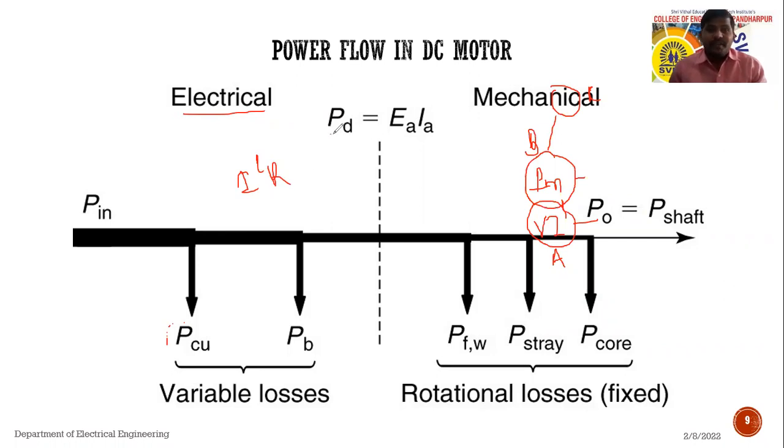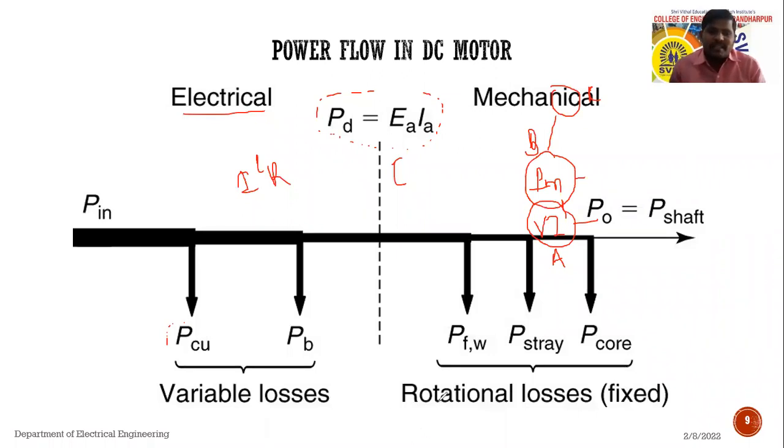After that, we get the power developed in the armature. The power developed in the armature we can represent either as EB into IA, or as EA into IA. Here it is represented as PD, power developed. After the power is developed in the armature, the motor rotor starts rotating. Again there are some frictional losses, or windage losses, that is mechanical losses.